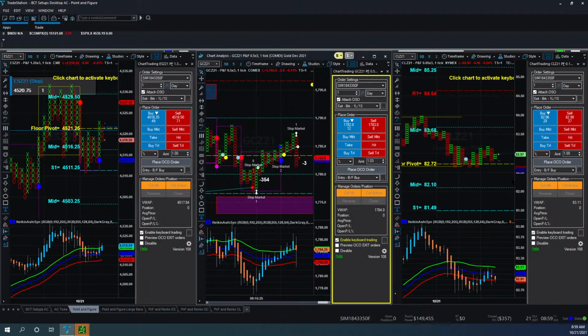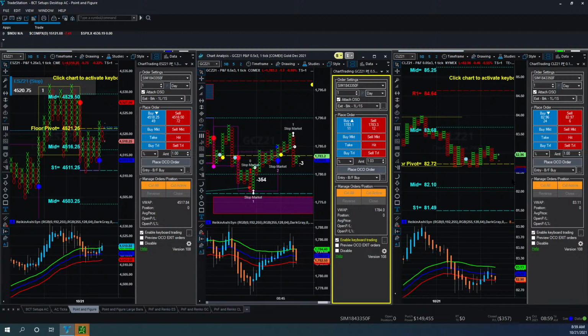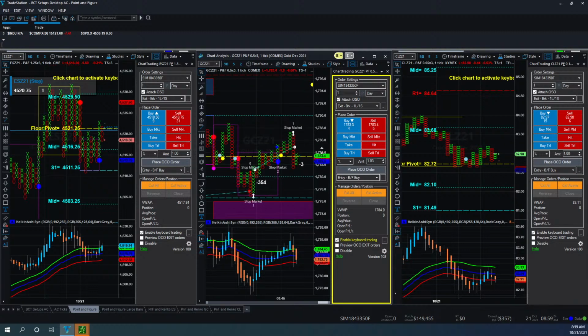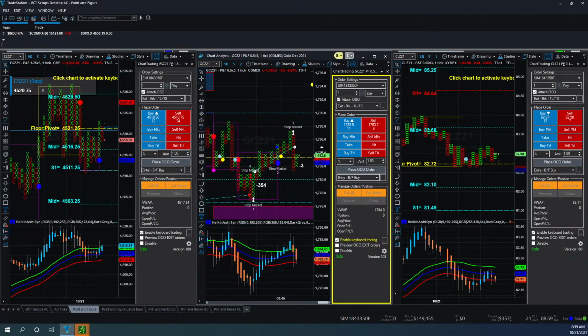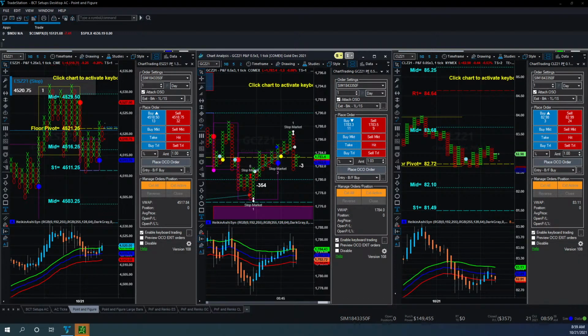And today I'm trading basically the point and figure chart. Going back up in the chop zone. News are at 10. Very choppy.